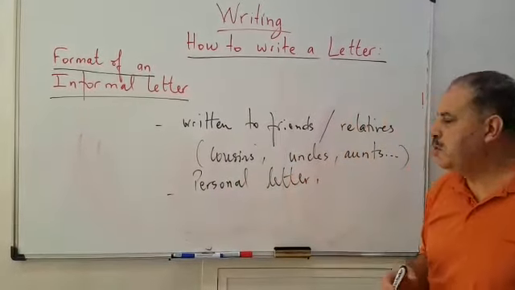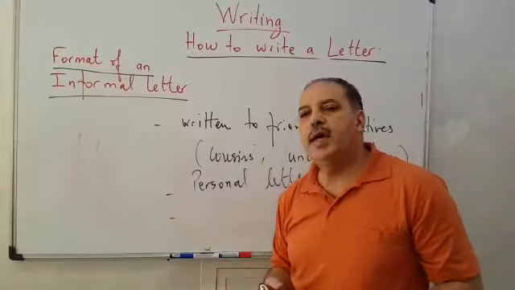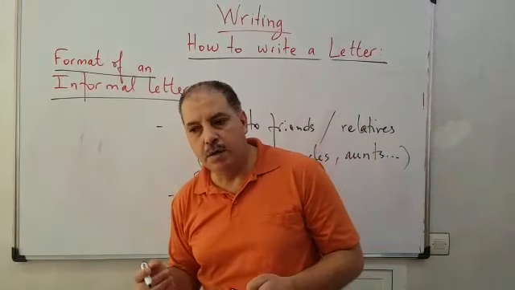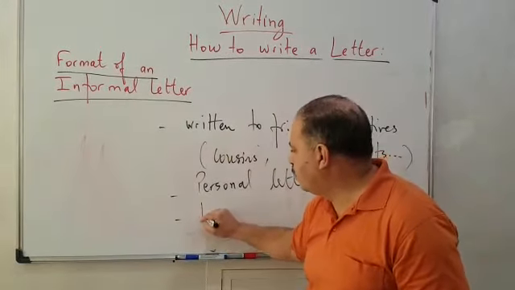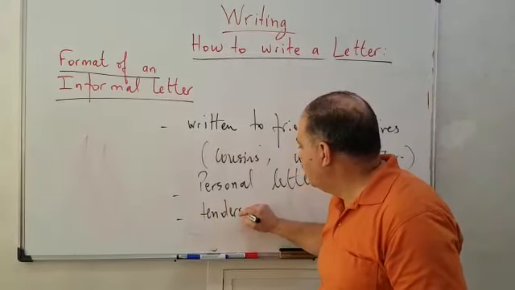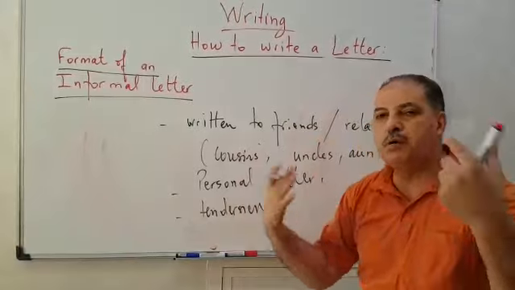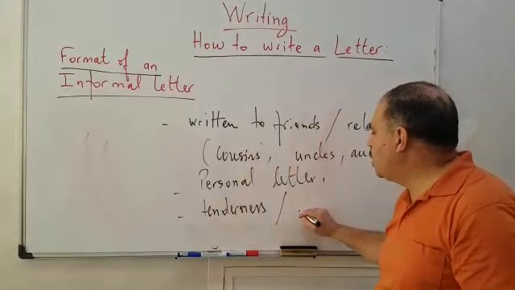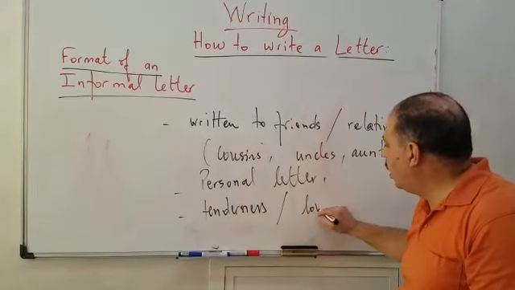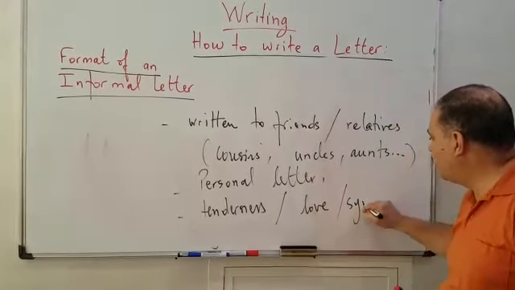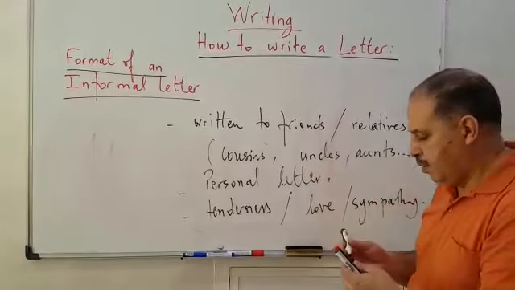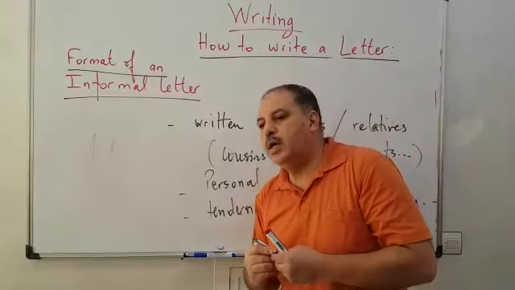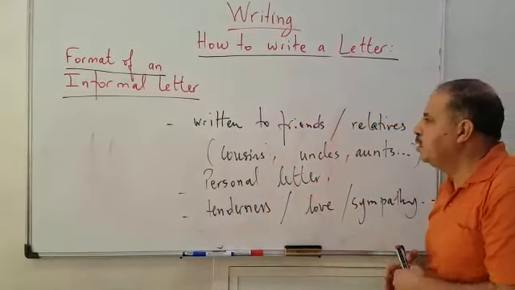So we can allow ourselves to use some expressions of tenderness. We show our tenderness. We can show our love. Why not our sympathy, and so on. So this is what we do when writing an informal letter.